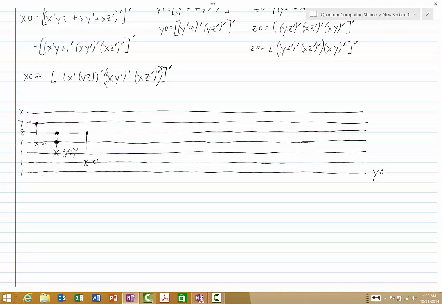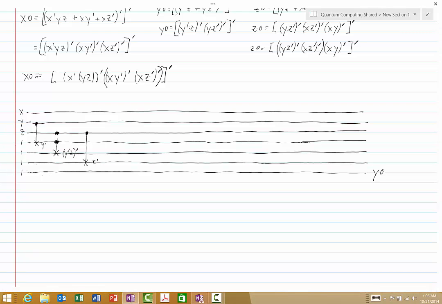And you might be thinking that the obvious way to do this would be to go ahead and use the z prime line that we've just created, use that as one control, use y as another control, and then use this last line as the controlled line, and then that would give us z prime and y NANDed together.